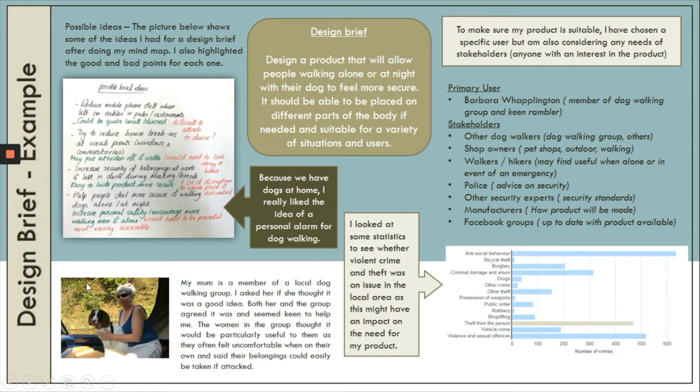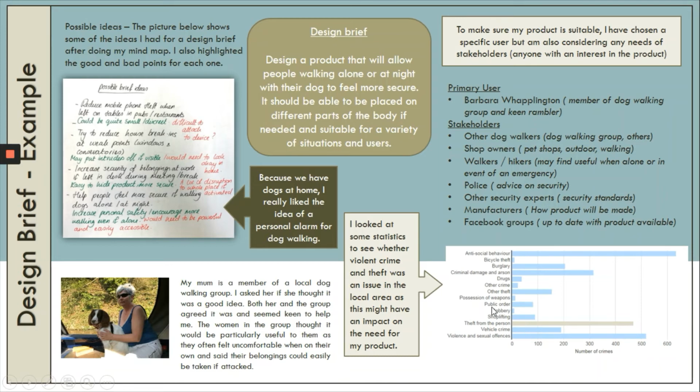I then included a photograph of my primary user and just explained a little bit about why I would pick her as a primary user and a little bit more information there. And then I also looked at some statistics for the area that she lives and the area that she walks in, to find out if theft was an issue, theft or people being mugged, things like that, whether that would be a problem, because obviously if it's not a problem, then the product's useless.